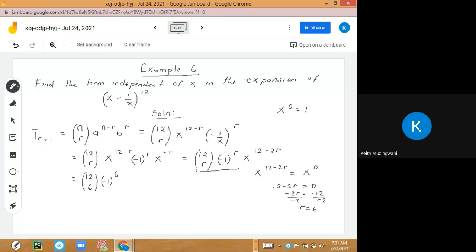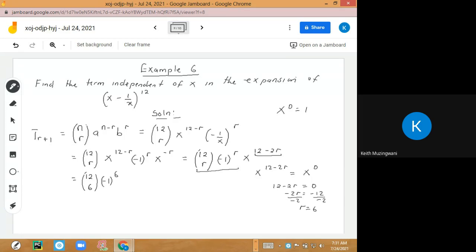So what we'll do is, after we put the powers of x together, we only have x appearing once with that power there. You make sure that that x appearing must be equal to x to the power 0. Okay? This is only possible when the powers are equal. So you say 12 minus 2r is equal to 0. Then look for r now. So r will come out to be 6.